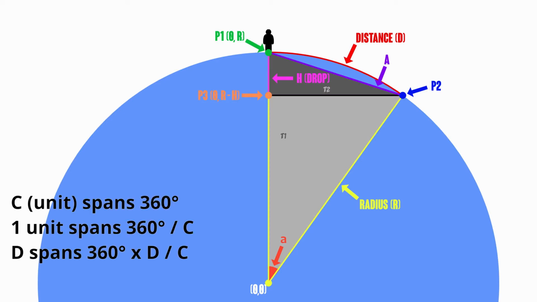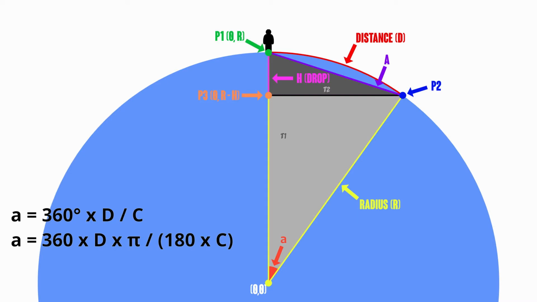Well, the circumference c, in whatever unit, of our circle spans 360 degrees. So one unit would span 360 divided by c. Given distance d, again in the same unit, our angle would be 360 times d divided by c. I will soon be using a spreadsheet, and that requires the angle to be in radians rather than degrees.